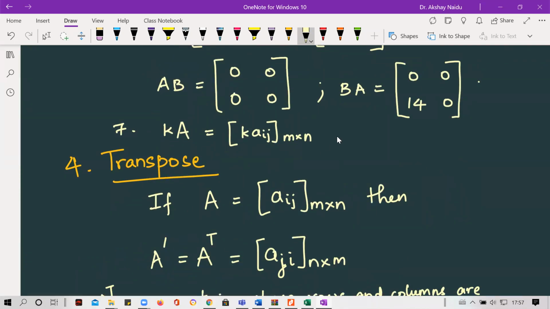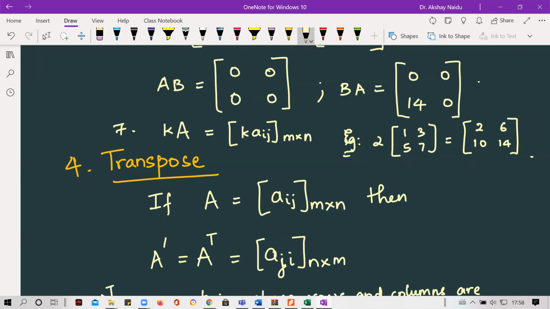This we know. That means 2 into 1, 3, 5, 7 will be equal to 2, 6, 10, 14. Every element will be multiplied. That is the scalar multiplication.